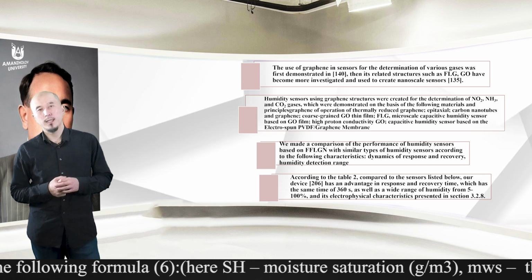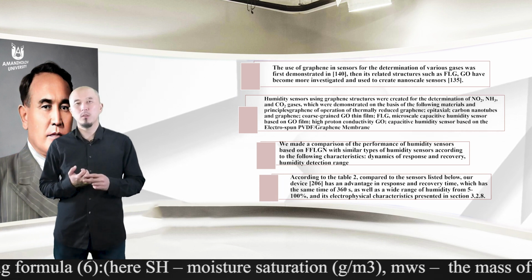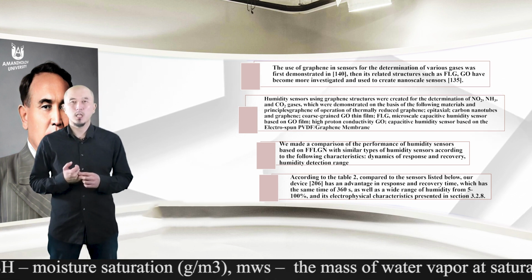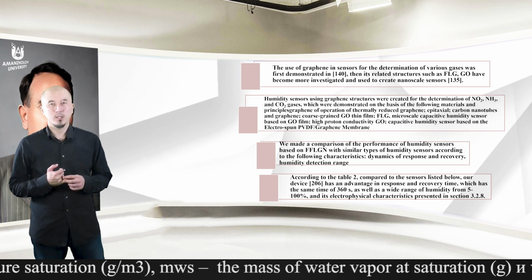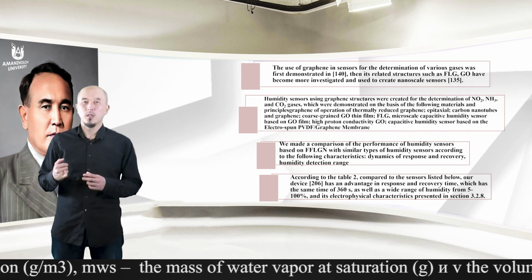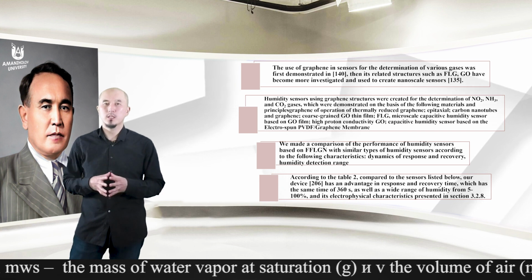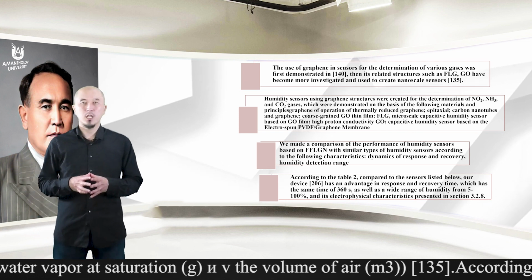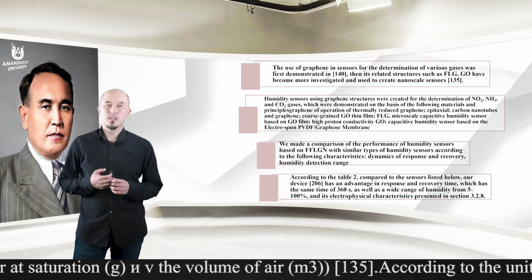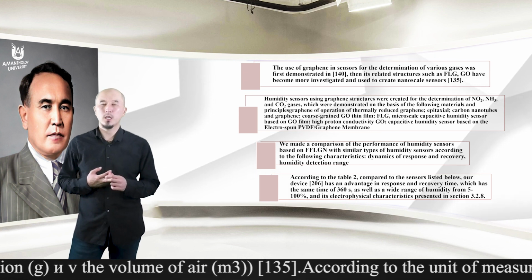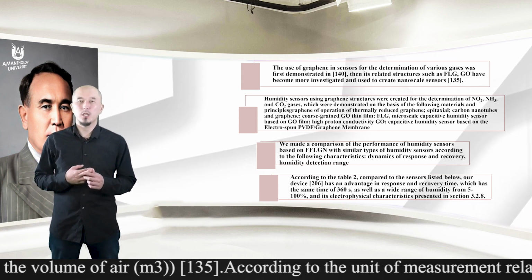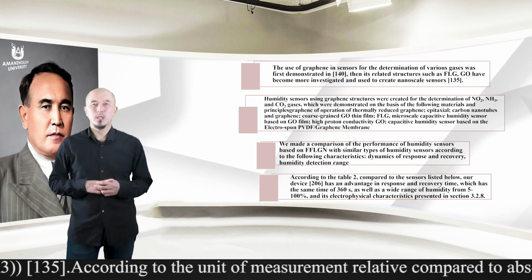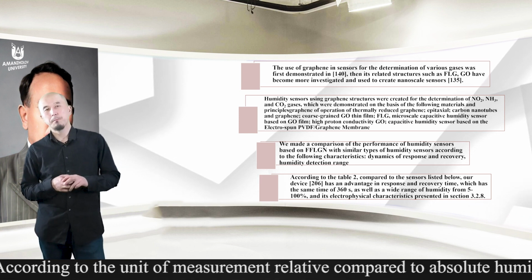In this regard, we created a humidity sensor based on FFLGN membrane and determined its electrophysical characteristics, which are discussed in the next section. In comparison with different sensors, the sensor presented by us is a potential device for a commercially available product that has such advantages as a wide range of humidity, fast response and recovery, low cost, does not require high technology, and is resistant to aggressive medium.